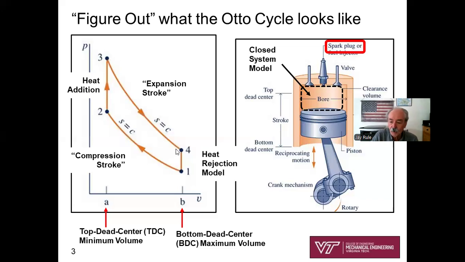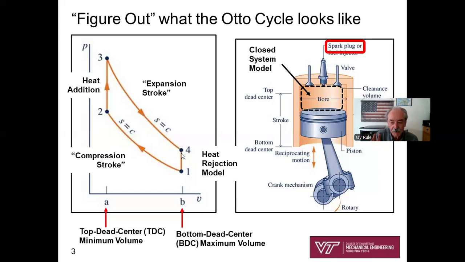Then 3 to 4, reversible adiabatic expansion, also known as the power stroke of the piston and cylinder for our internal combustion engine. That's where we're producing power, okay? And then finally, for our thermodynamic model, we're at state 4 at bottom dead center. We're simply rejecting heat from the closed system.